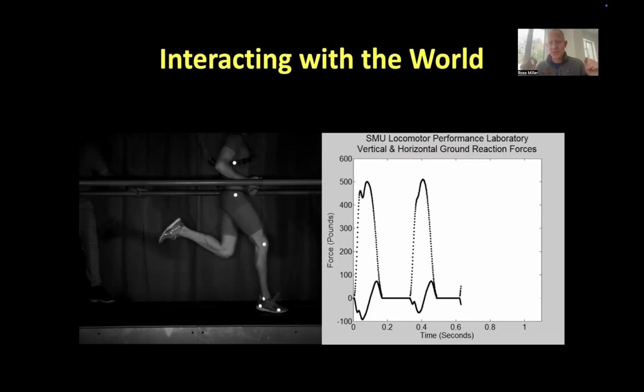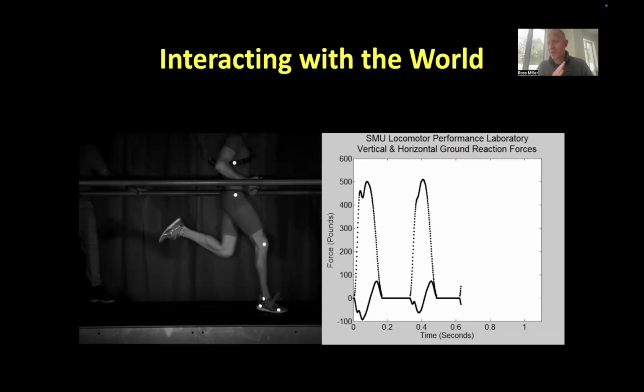And again, there's nothing magical about having that event be heel strike or touchdown of the right foot. That's just a convenient place to start it. So that in biomechanics, when we all use the term gait cycle, we're all speaking the same language. It's two consecutive events of the same event, and typically we define that event as the initial contact with the ground of the right foot, or sometimes the left foot.